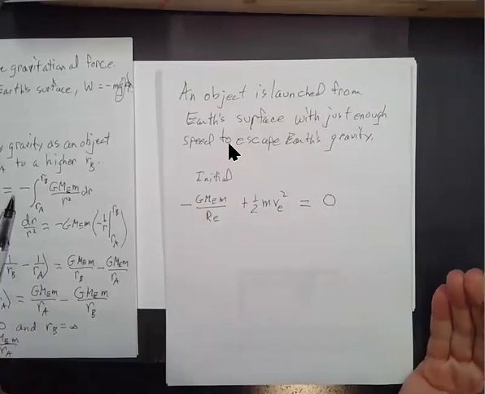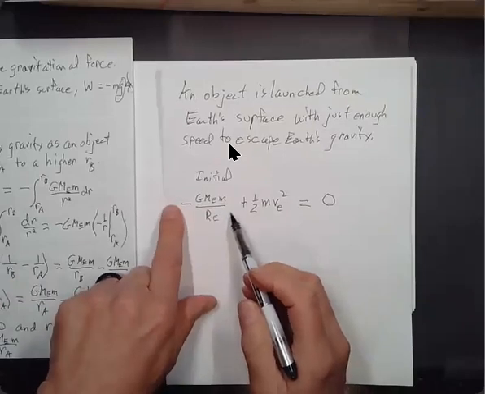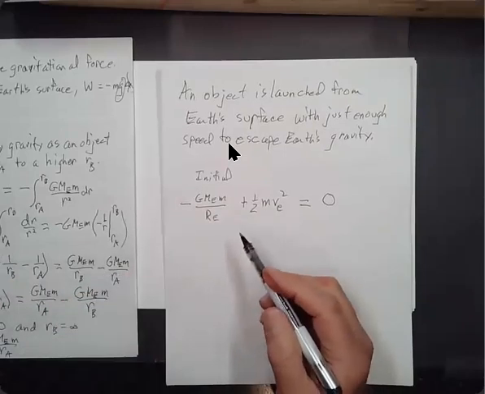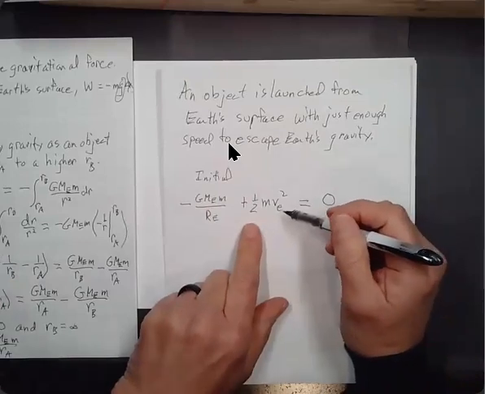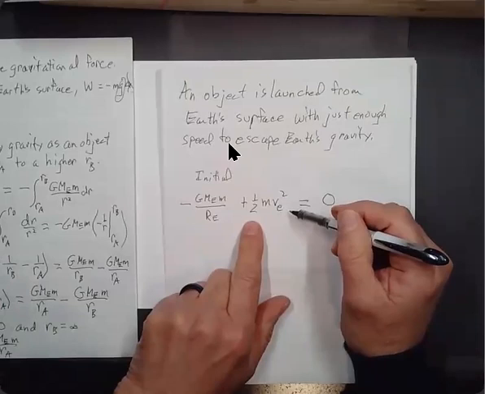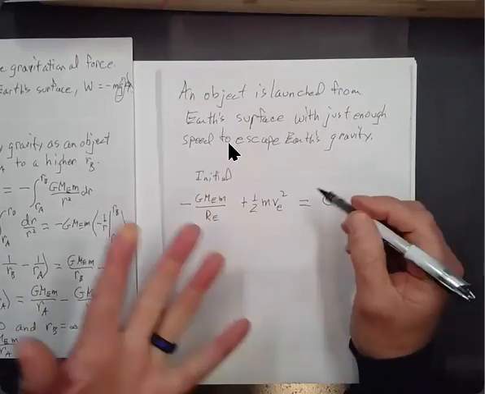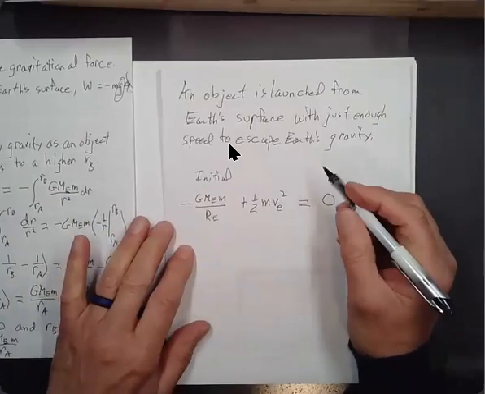We can define zeros for it to be whatever we want them to be, and we chose it to be zero at infinity for this. And the kinetic energy will equal zero out there as well, because it'll have stopped with respect to the Earth out there.